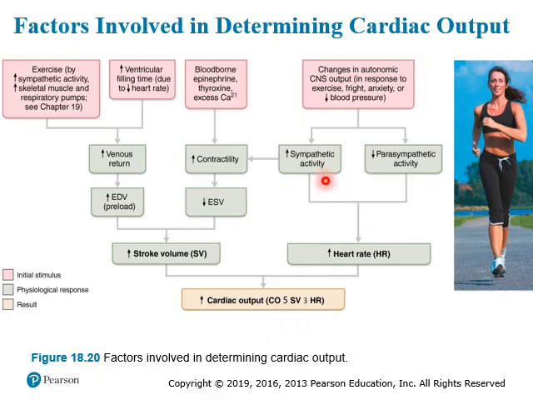So anything that increases contractility of the heart will result in an increase in stroke volume. A decrease in parasympathetic activity or an increase in sympathetic activity will increase heart rate. And once your heart rate is increased, then your cardiac output is also increased.